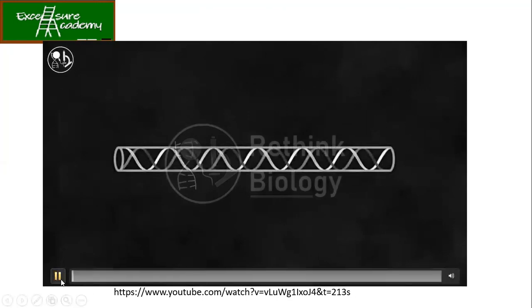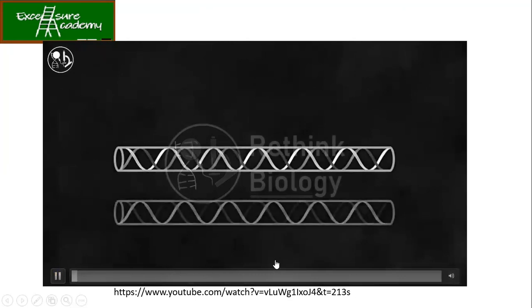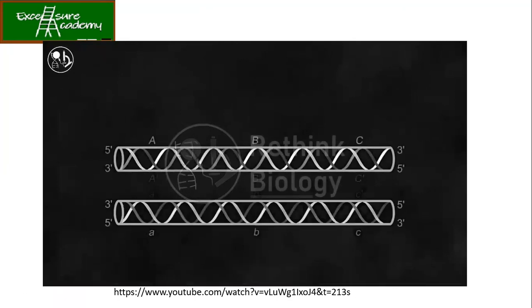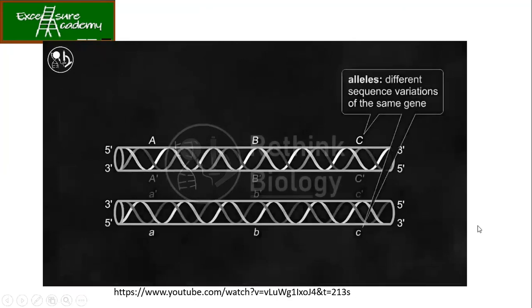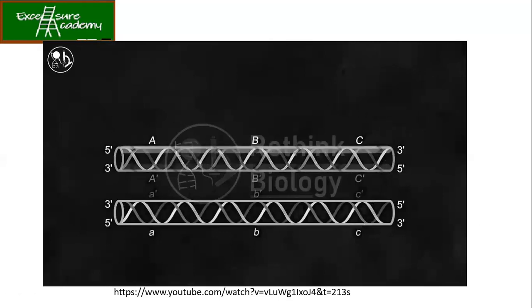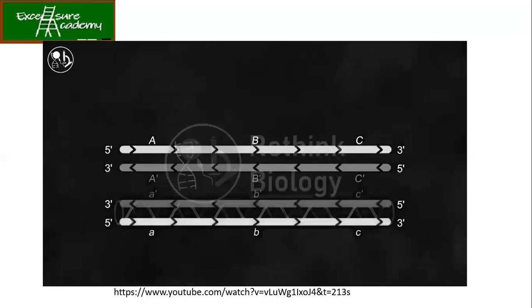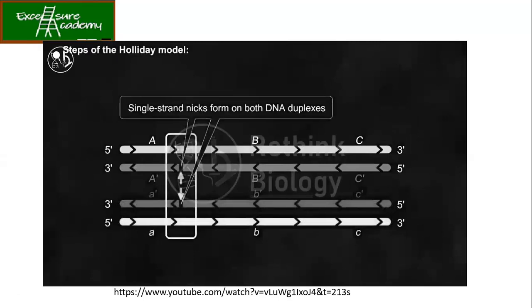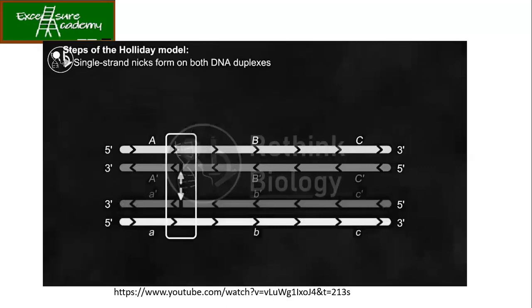Understanding homologous recombination by using the Holliday model, at first we are taking here two homologous double-stranded DNA molecules aligned with each other, which have different alleles of the same gene. In the Holliday model, at first, on both the DNA duplexes, single-stranded nicks are formed at the same position. Then the strand invasion occurs.